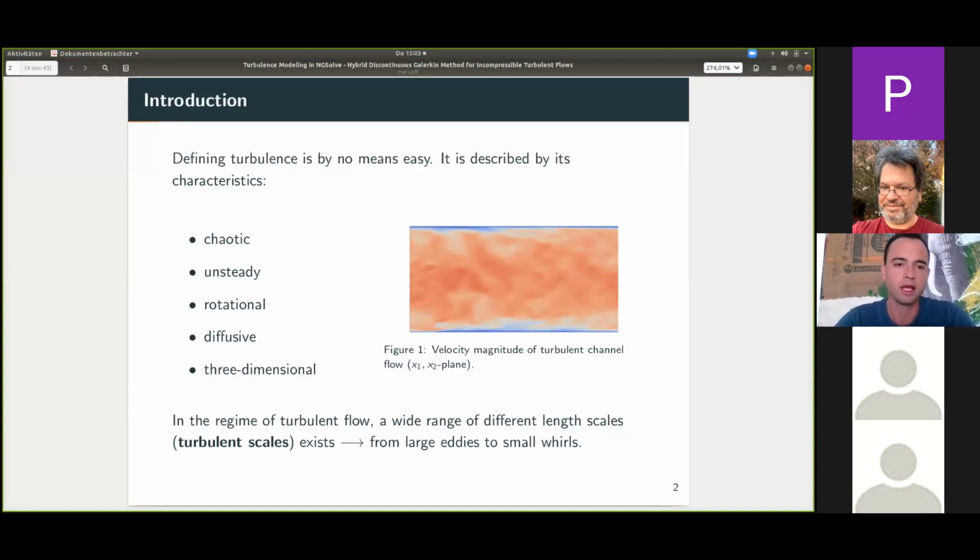This makes a deterministic approach very impracticable and intractable, so a full description of the flow in space and time is often not desired.